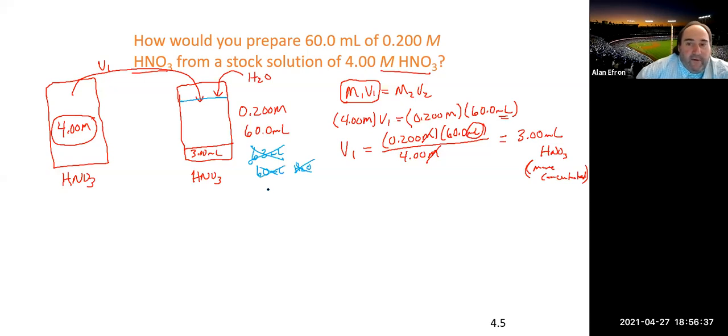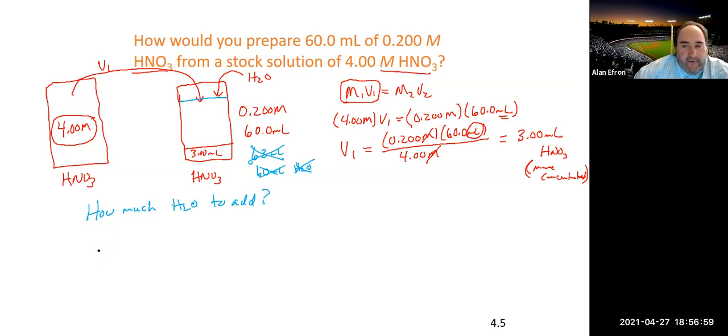So how do I figure out how much water I need to add, which is a very common dilution type of question? Well, we know that the final volume is 60 milliliters. We already know that we added 3 milliliters.